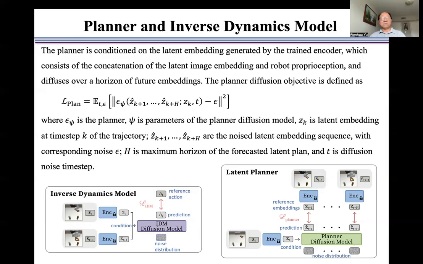Z_k is the latent embedding at time step k of the trajectory. Z_{k+1} hat to Z_{k+H} hat are the noisy latent embedding sequence with the corresponding noise epsilon. H is the maximum horizon of the forecasted latent plan, and T is the diffusion noise step. This is the inverse dynamics model, and this is the latent planner model.